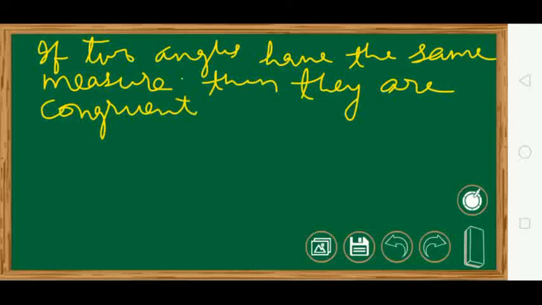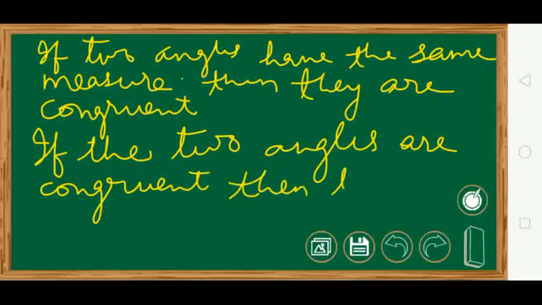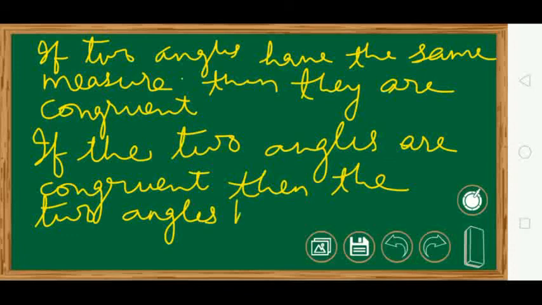Converse means just the reverse. Whatever is given after if will come after then, and whatever is given after then will come with the if. So what is there with then? They are congruent. So we will write: if the two angles are congruent, then the two angles have the same measure.